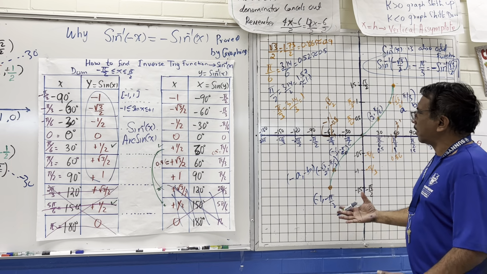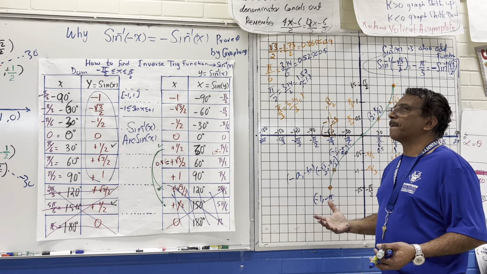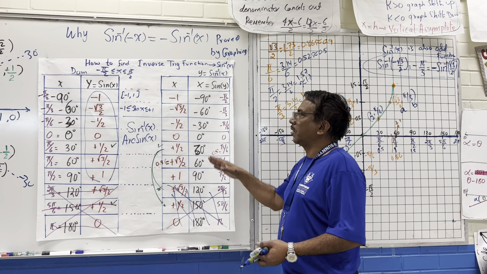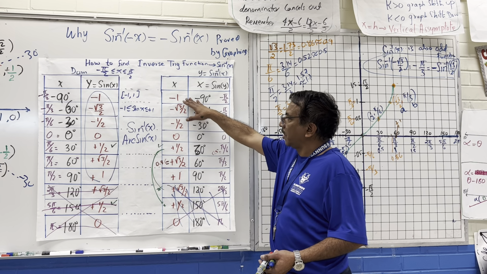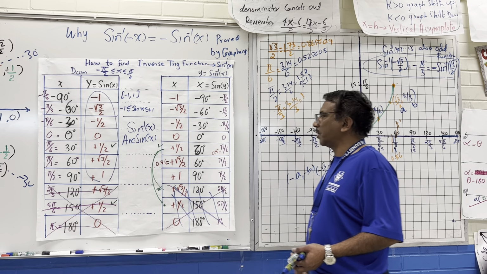Two things are happening here. One is, do we know how sine inverse exists? Do we know what the domain and the range are? You can see the domain is from -1 to +1, and the range is from -π/2 to +π/2.